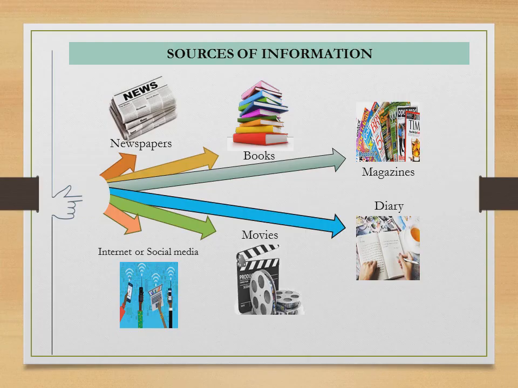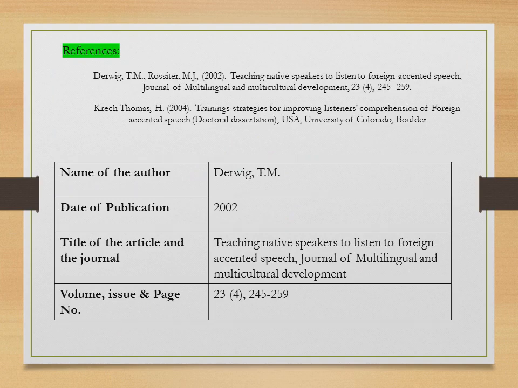Okay, next. So the other sources of information could be taken from the newspapers, can be taken from the books, from the magazines, the diary, movies, or internet, or social media. So this is how you're going to make a reference.